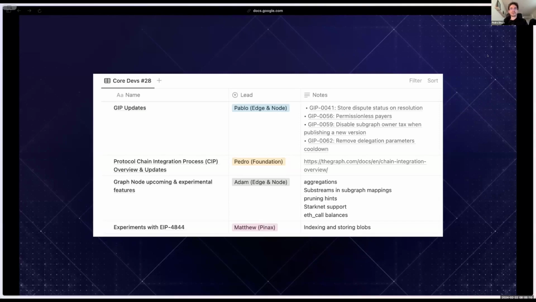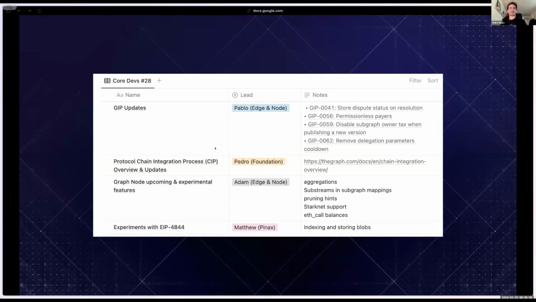We'll have Pablo joining us, talking about some GIPs that have been recently deployed and approved. Then I'll start with the CIP, the Chain Integration Process. I'll quickly go over it. I don't want to spend too much time on it, but some folks have been asking questions, so hopefully this call will clarify a few things. Then we'll have Adam focus on Graph Node.